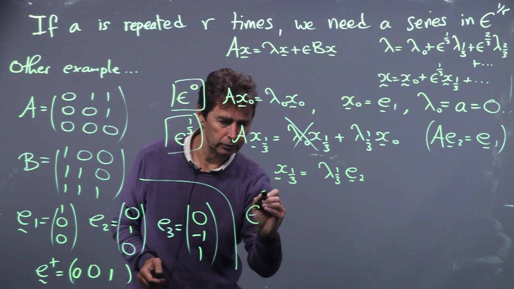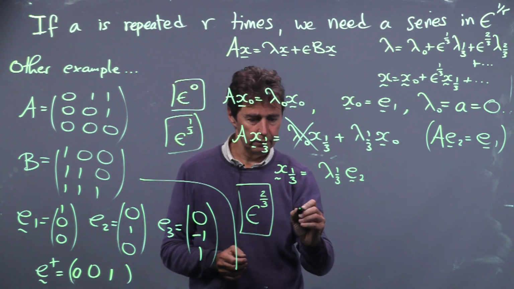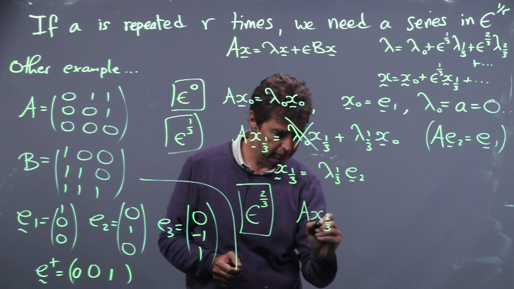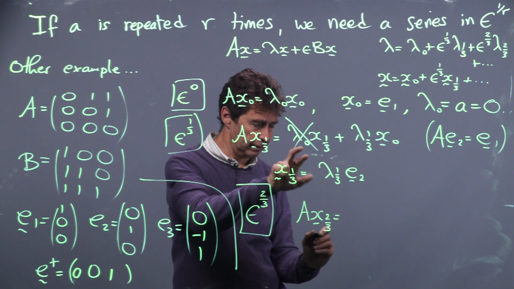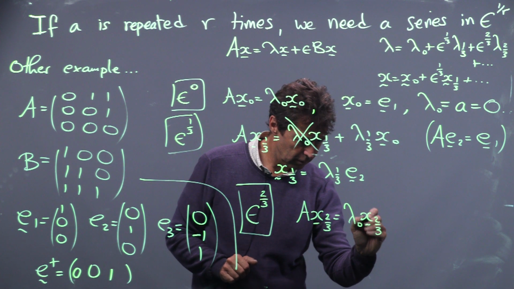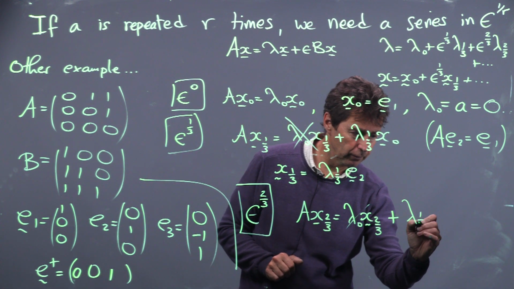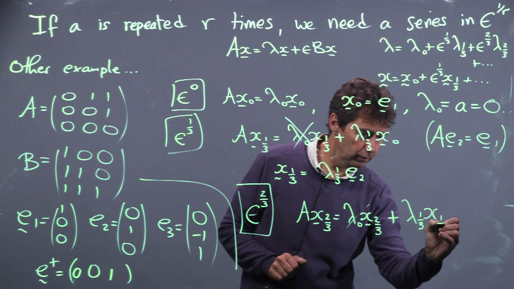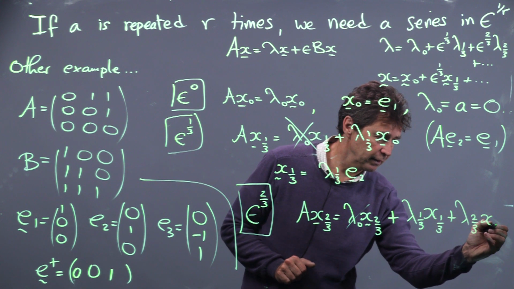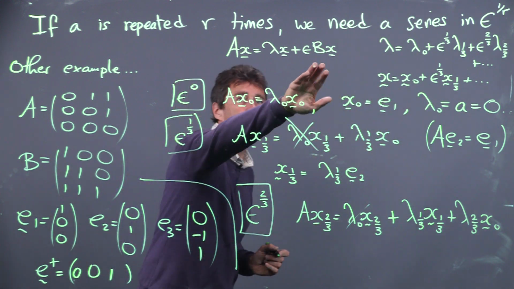Now I'm going to go to epsilon to the 2/3, and there we get the following equation. We get A x 2/3 equals this thing again, lambda naught x 2/3, so that's just 0, plus lambda 1/3 x 1/3 plus lambda 2/3 x naught. And I still haven't got to the B bit.